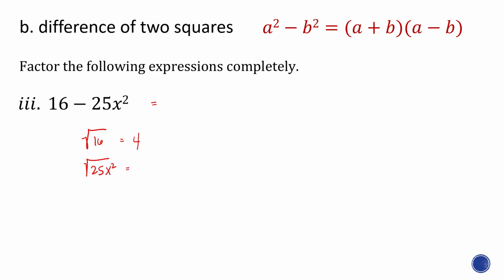What is the square root of 25? It's 5. That is correct, because 5 times 5 gives you 25. And then the square root of x squared, divide the exponent by 2. That gives you x raised to 1. So that's your a and b. Our answer is now 4 plus 5x times 4 minus 5x.